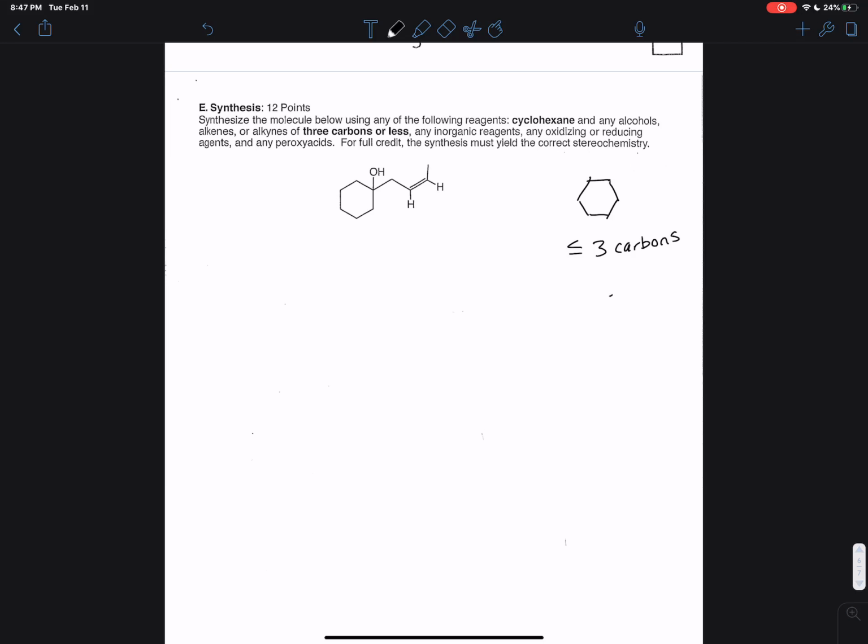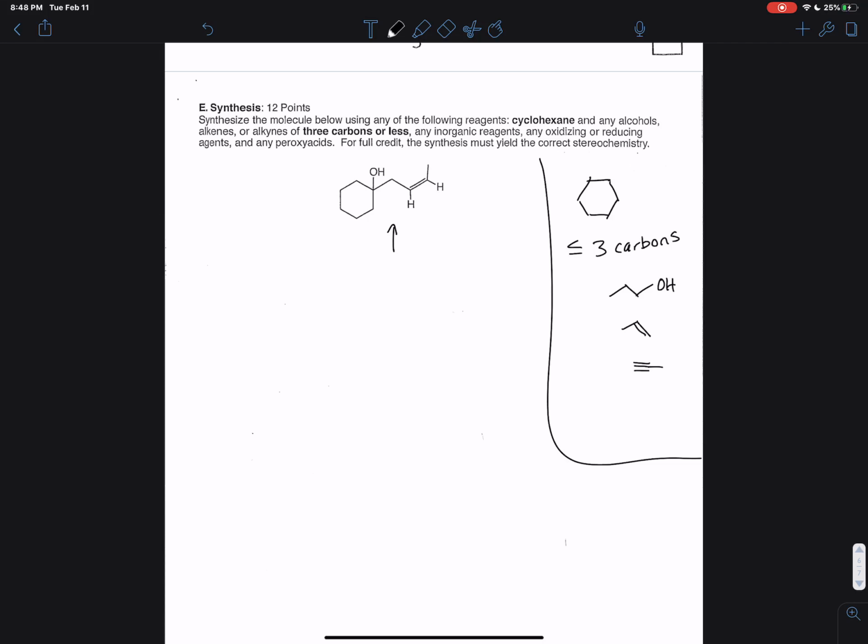So we can have alcohol, 1, 2, 3, with an OH like that, right? And then we can have alkene, 1, 2, 3. That was a bad alkene. Okay, and then we can have alkyne, 1, 2, 3, right? So that's our starting materials. We want to make sure that we don't go back to an alkane because that would dock us off points.